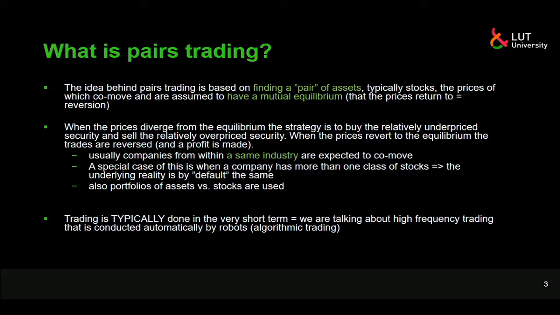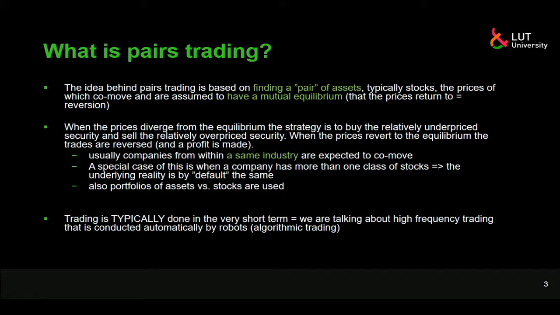And when the prices diverge from the equilibrium, what we want to do is, at the optimal point, sell short the asset, the price of which goes up, and buy the asset, the price of which goes down. And when they go back to the equilibrium again, we get rid of the position, and by doing that, we make some money. So that's basically the idea here.